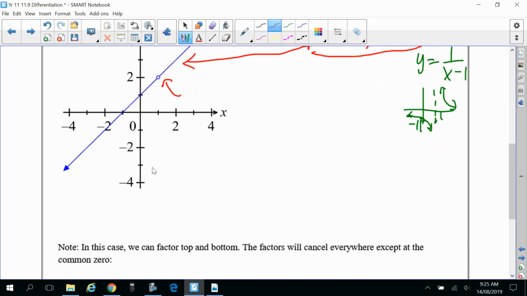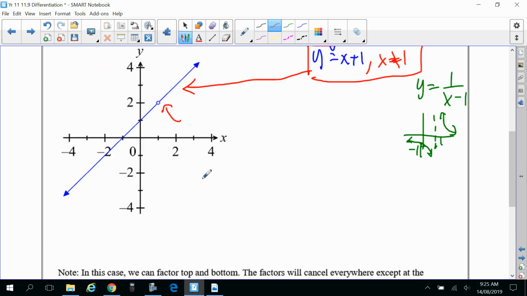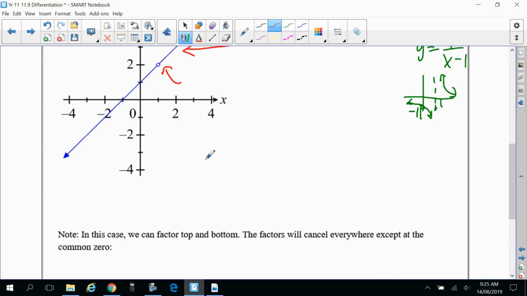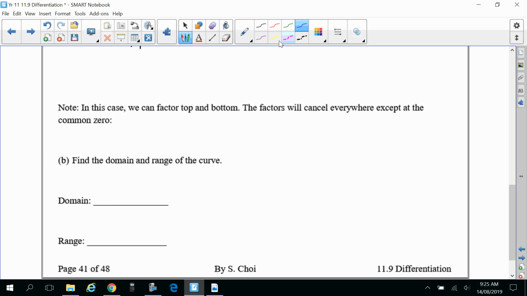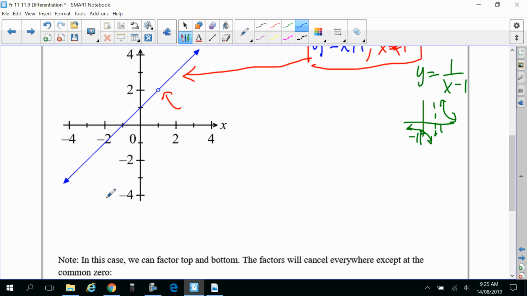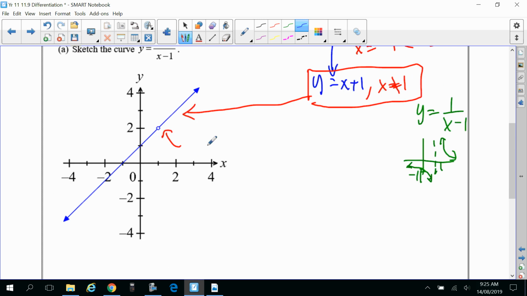Okay, next one. Find the domain and range of the curve. What's the domain? Anyone? No? Anybody? Matilda, what's the domain? Have a try. Have a guess. Have a look at it. What's the domain? No, please, I want the answer.